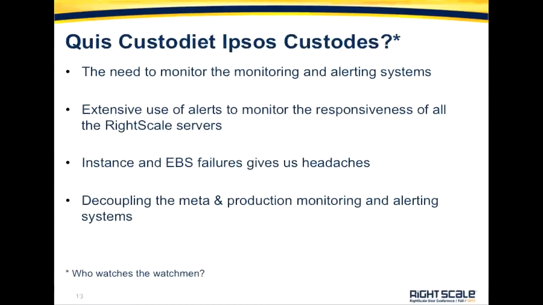that monitors the production system lives outside. There are still some minor dependencies there that we're working on removing. And given the amount of servers that we use for monitoring, it has been a challenge because instance and EBS failures have given some headaches. It's normally maybe once or twice a week in which something happens in one of these instances.